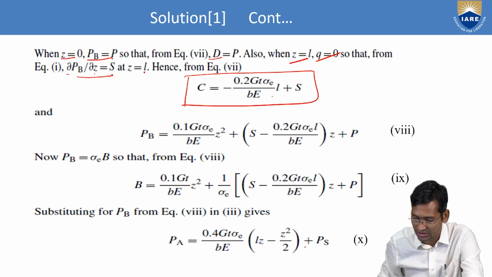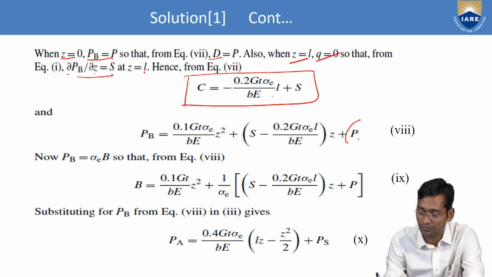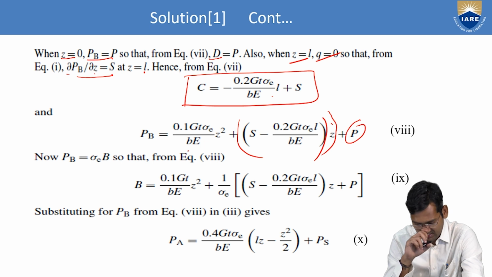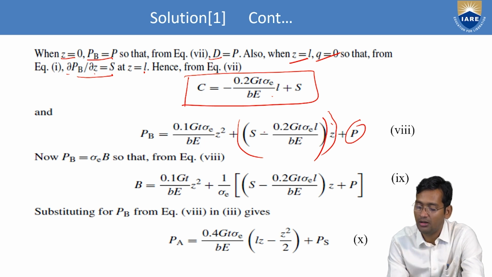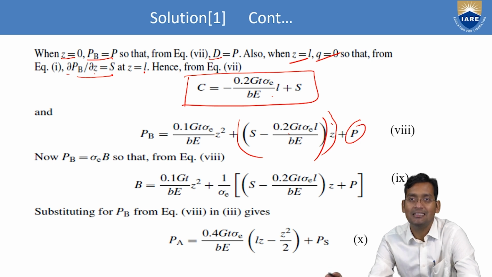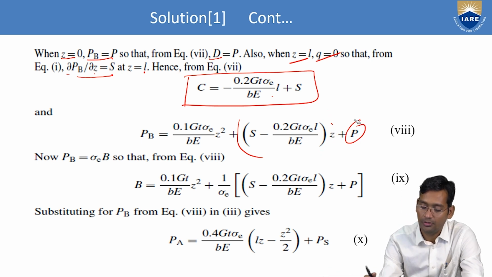So PB equals 0.1 GT sigma E by BE into z square plus S minus 0.2 GT sigma E into L by BE into z plus P.